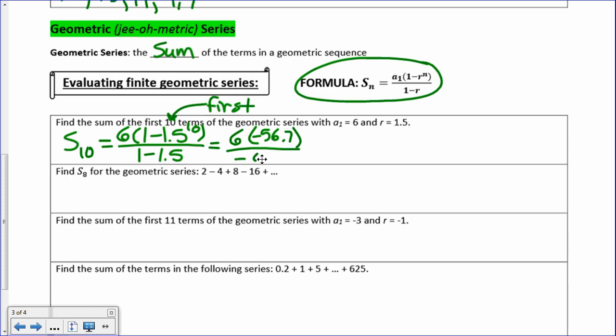Good. Great. Now you guys can put that in your calculator. You can do 6 times this divided by negative 0.5. $680.4.